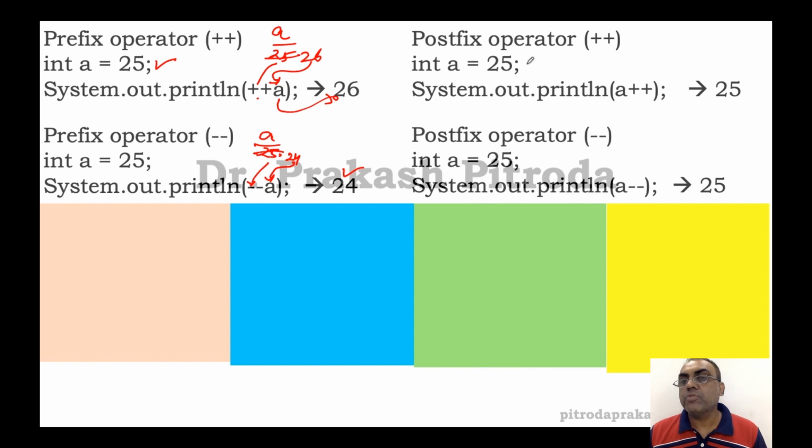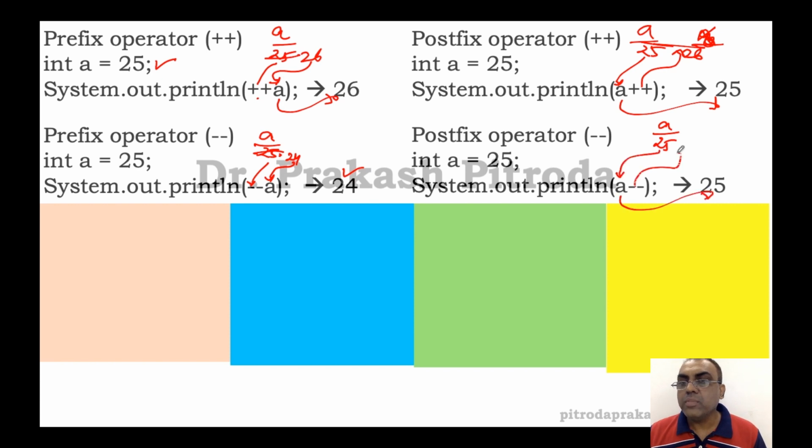The same thing applies for the postfix also. In this case a is 25, so 25 is applied first and supplied onto the screen, and later on a will become 26. You can't have two a's, of course, this is supposed to be the a only. Same thing over here, if a was 25, first 25 is applied and goes onto the screen, then -- will come here and make this 24.